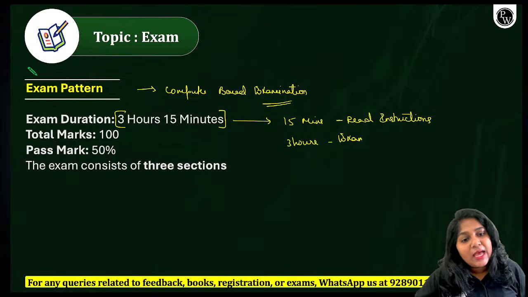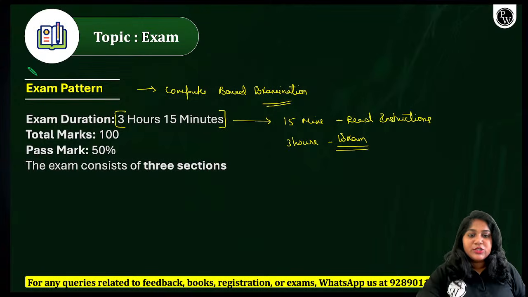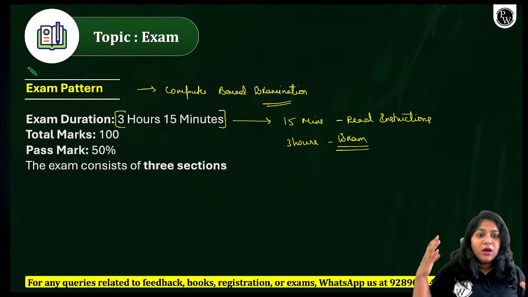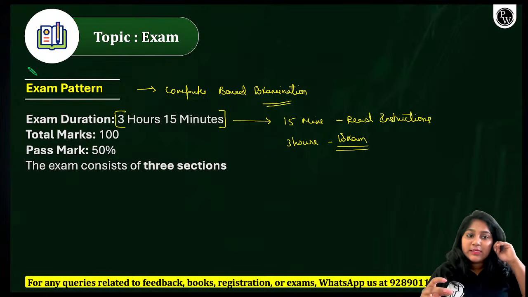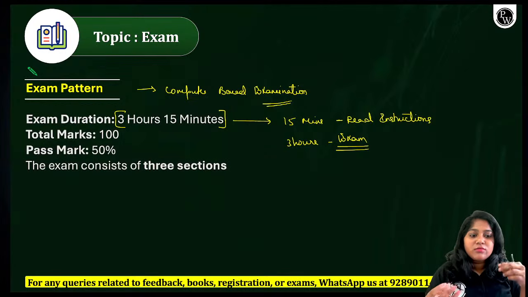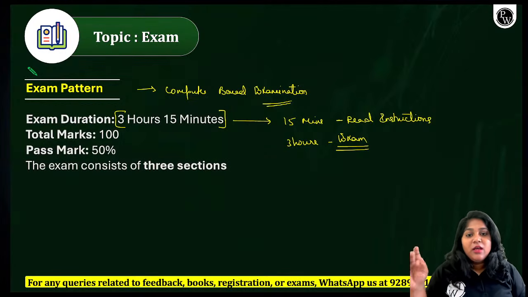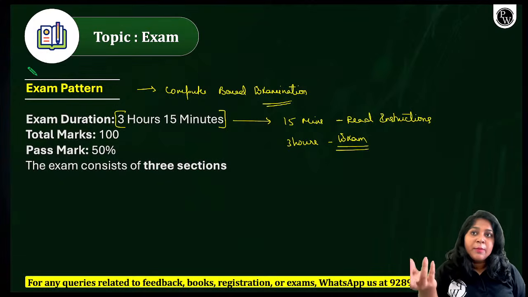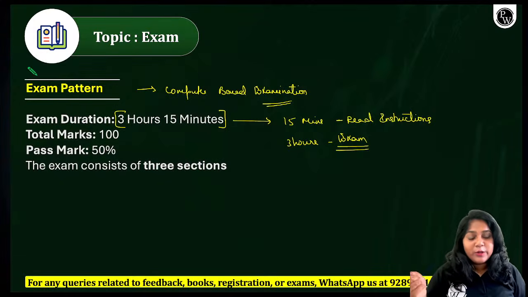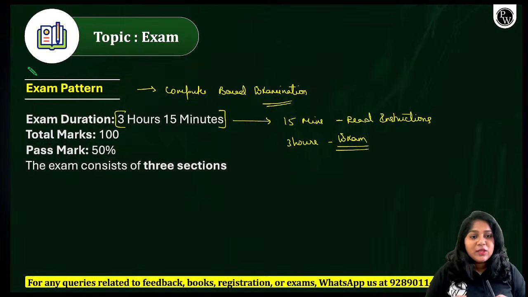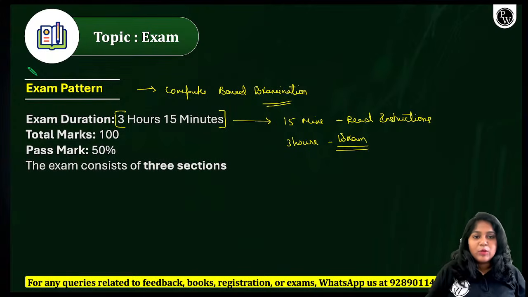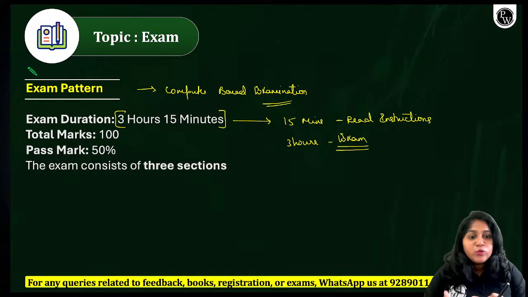For example, where to navigate, which section is what, where to access calculators, how to type the answer in section C, how to navigate if I'm not sure about a question, how to come back to it, or mark it as doubtful. They give you these instructions for 15 minutes. Assume you finish reading in 5 minutes, or in 10 minutes.